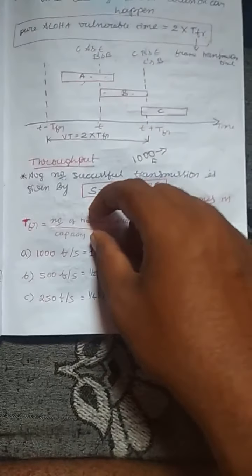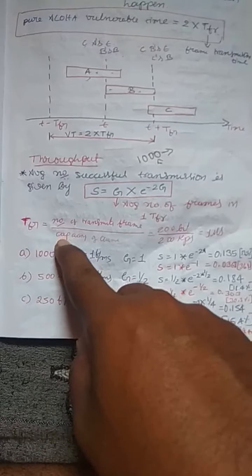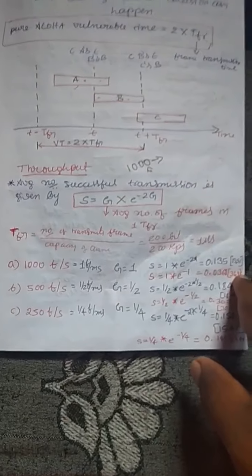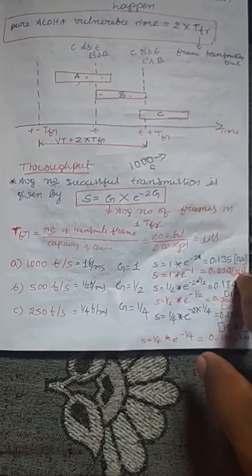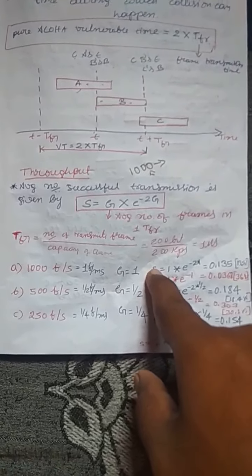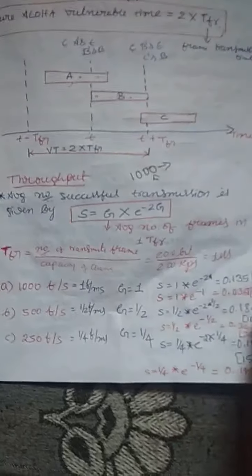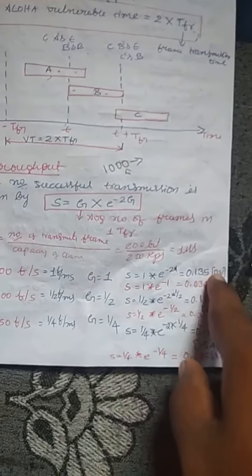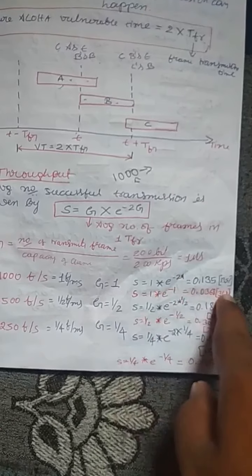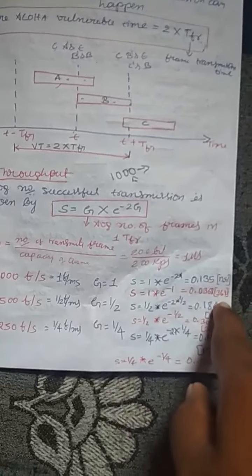The frame transmission is the same and the number of frames sent per second is also the same, but you can see an increase in the percentage of frames transmitted. For pure Aloha it is 13%, and it is increased in slotted Aloha to 36%.